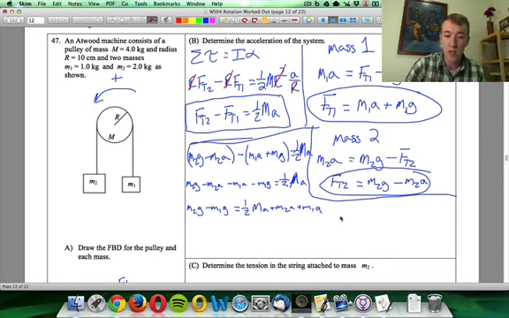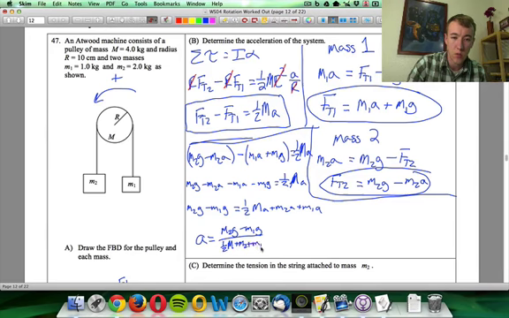I can distribute an acceleration out, and I end up with acceleration equals m2g minus m1g divided by 1/2 capital M plus m2 plus m1. Wow, that is a mess. Let's plug in some numbers here. If you didn't understand this algebraic step, I factored out the acceleration, and then divided by everything back to the other side.